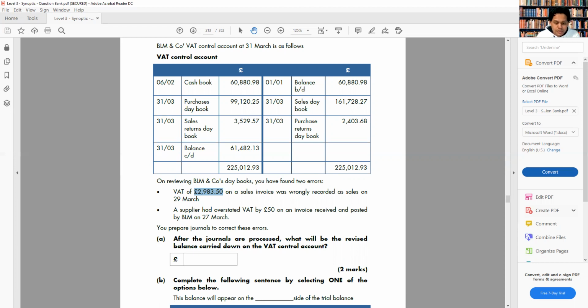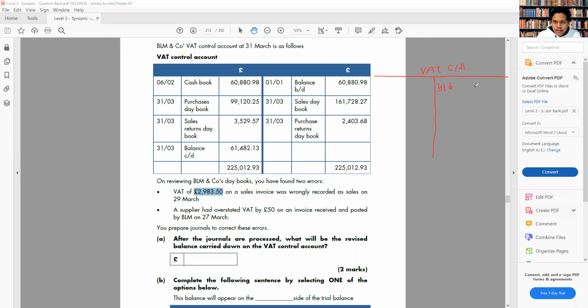So all you need to do, it's not a very difficult question, it's a very easy question. All you need to do is record these two. So if we open a VAT control account, for example, VAT control account, we're writing everything we have here.